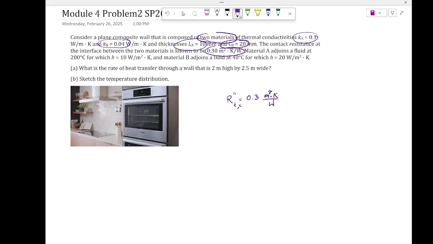If you flip through chapter 3 in both books, most likely you will see a table for contact resistance for different scenarios. So again, this is one of the values that is given, and this R double prime Tc means that the contact resistance is per unit area. That should make sense as well, right?